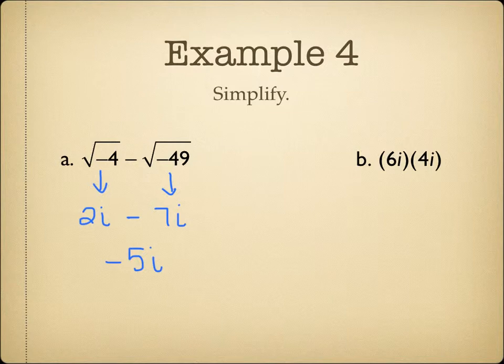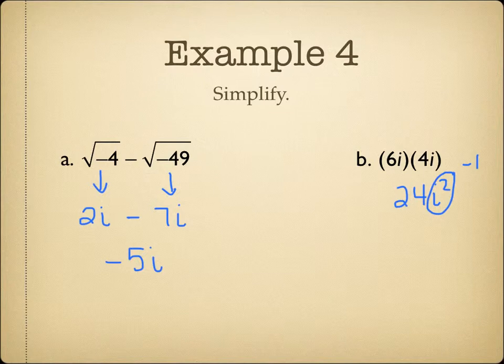What do you get when you do 6i times 4i? 24. What's i times i? i squared. So you get 24i squared, right? But what's i squared really equal? i squared is really -1, right? So what's 24 times -1? -24.